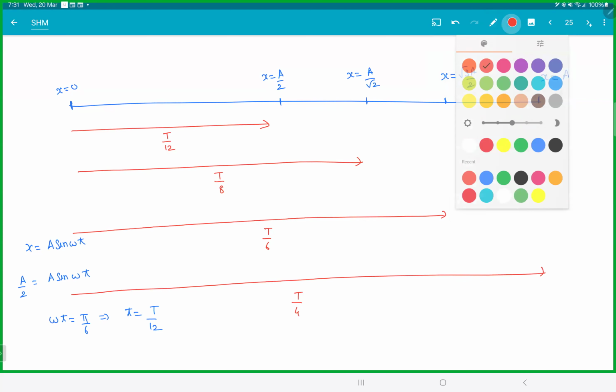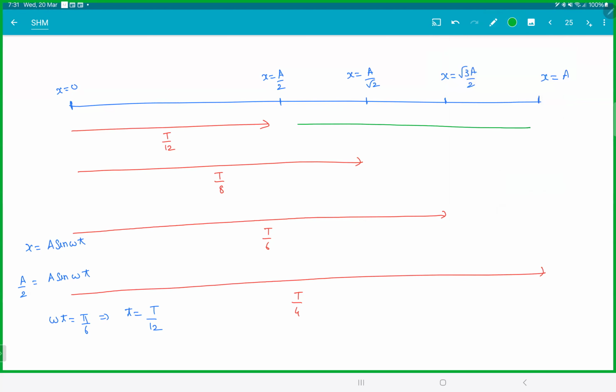Vice versa, if you go in reverse, obviously the remaining time, T/4 minus this, is T/6, T/8, T/12. Check it out. So if you remember these values from 0 to a/2, 0 to a/root 2, 0 to root 3 a/2, you can finish all the answers. You'll get it quite fast.